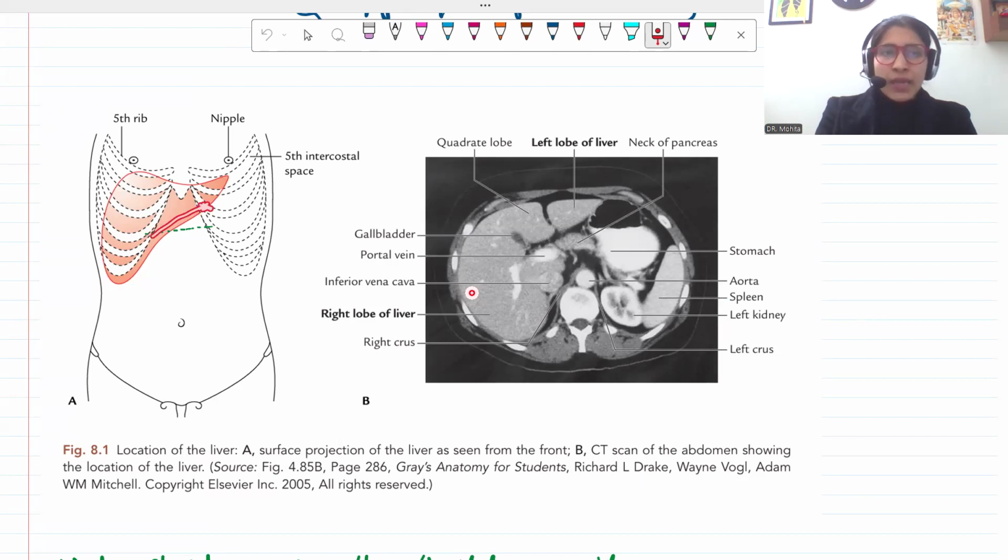Like, अगर मैं inferior border की बात कर रही हूँ, inferior border is the sharp border, very sharp border, and in the epigastrium, it extends from right 9th costal cartilage to left 8th costal cartilage. These are the extents.